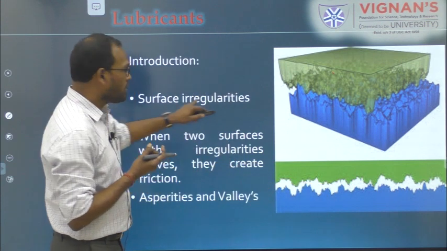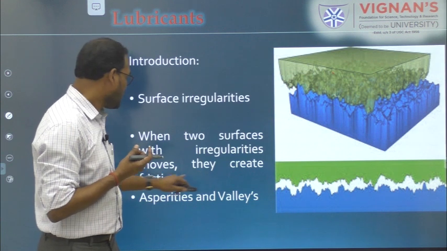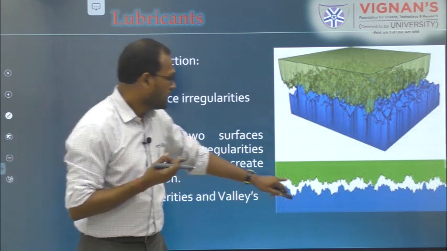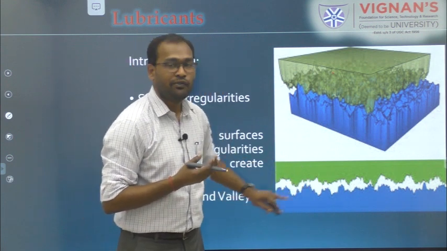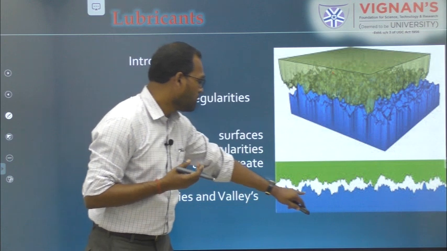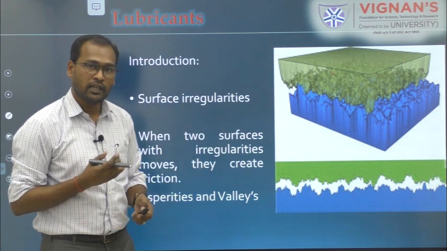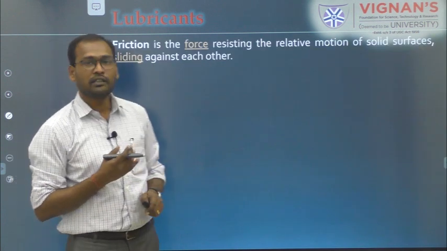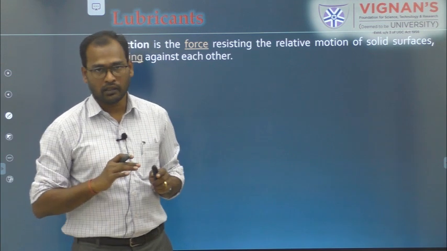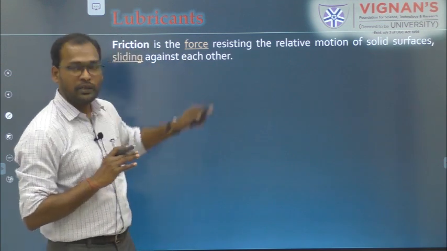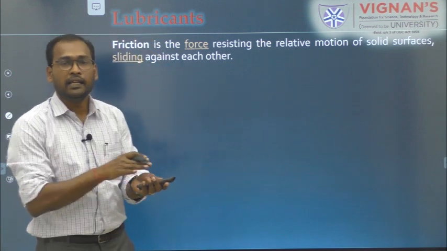When two surfaces with irregularities move, they create friction, and this is because of the asperities and valleys. What is friction then? Friction is nothing but a force which resists the relative motion of solid surfaces sliding against each other.